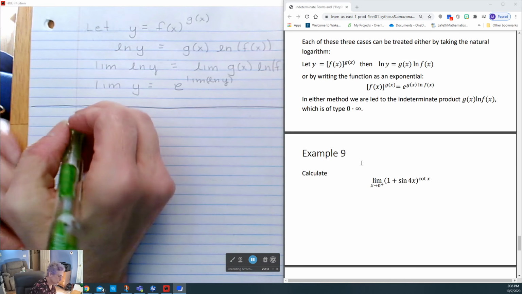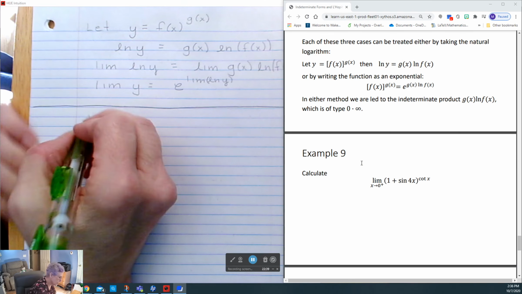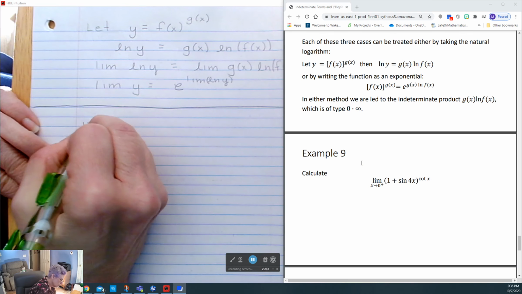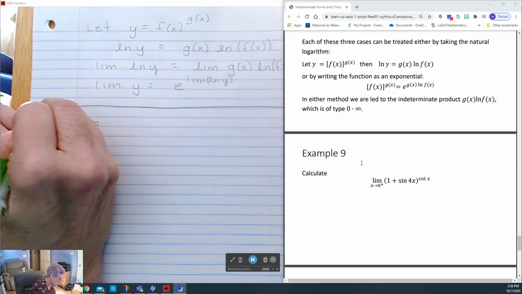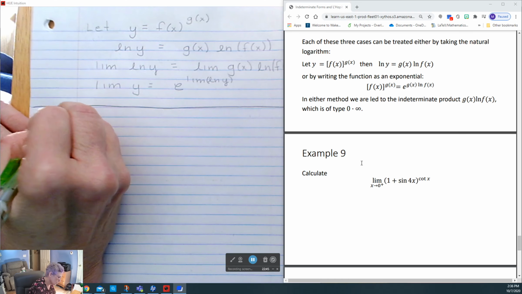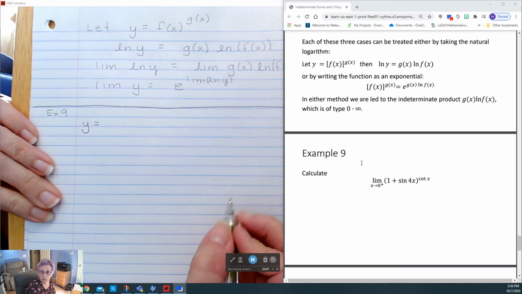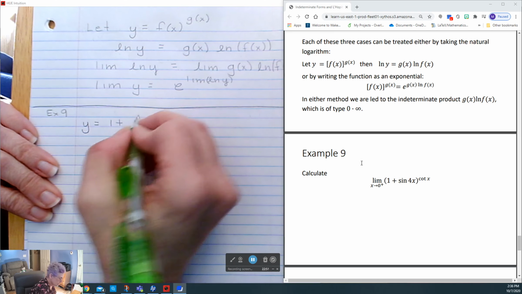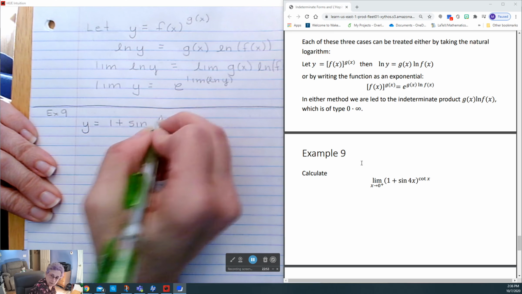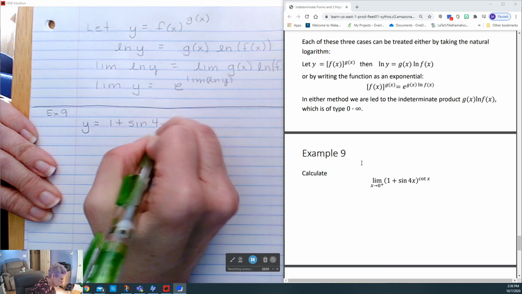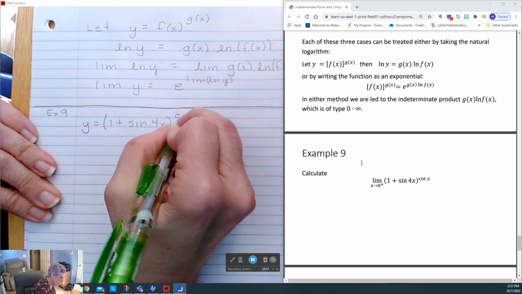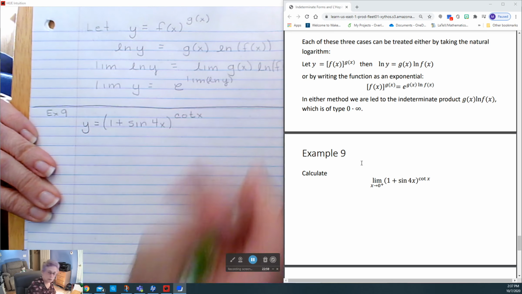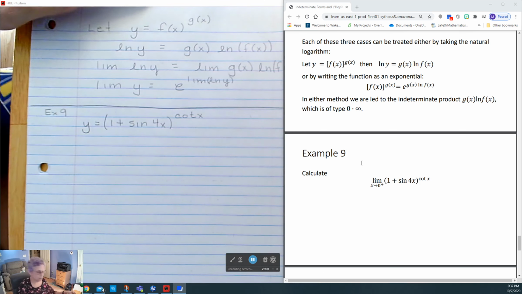So first thing I'm going to do is simplify my function. And this is example 9. I'm going to say that y is equal to 1 plus sine of 4x, whole darn thing, raised to the cotangent of x power.